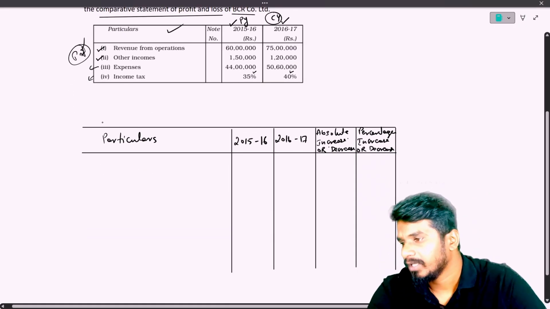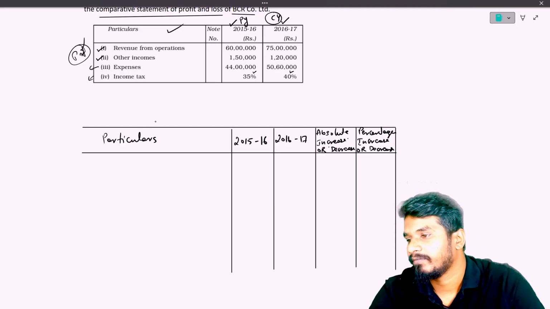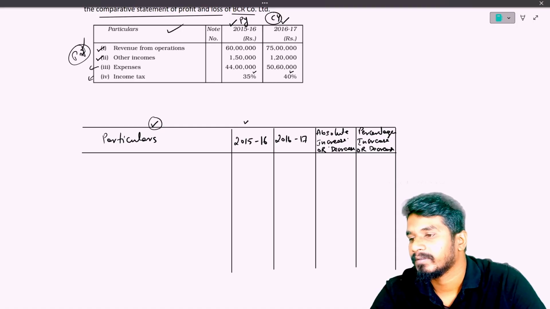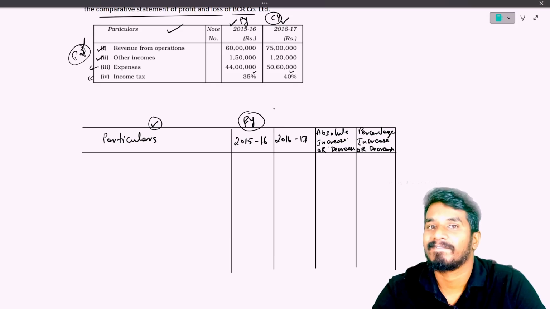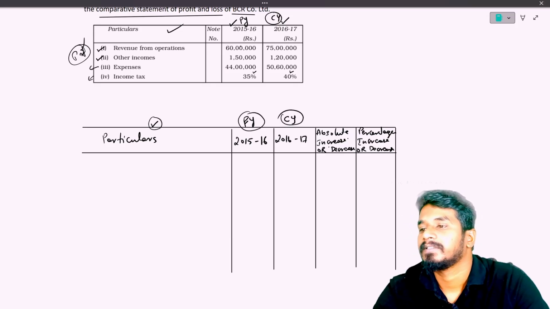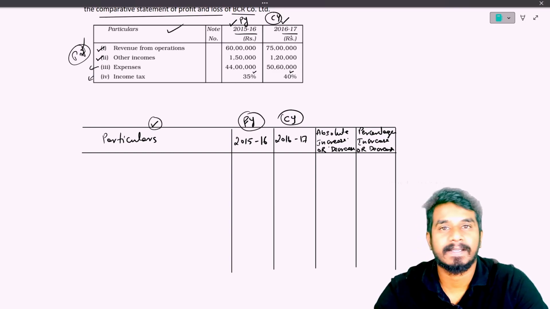Now, this is the format. This is how you need to prepare it. The first thing is obviously particulars and the previous year. You need to always keep the previous year first and then go for the current year, right? This is 15-16 previous year, 16-17 current year.